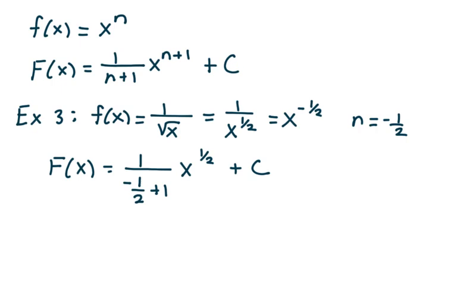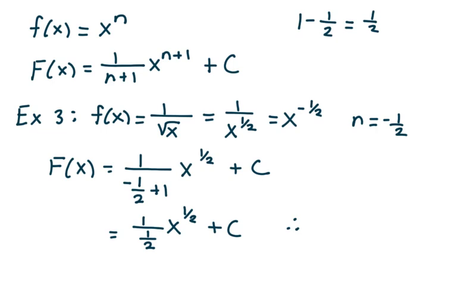Now, just keep in mind something, that if I take 1 and subtract 1/2, I get 1/2. So this is 1 over 1/2 x to the 1/2 plus c. And so therefore, capital F of x is 2x to the 1/2, or 2 times the square root of x, plus c.